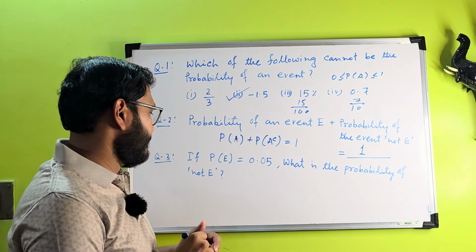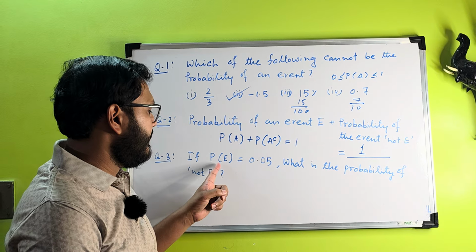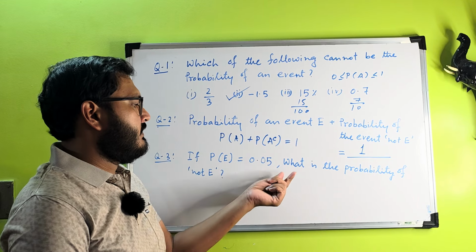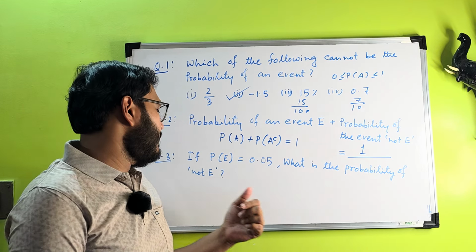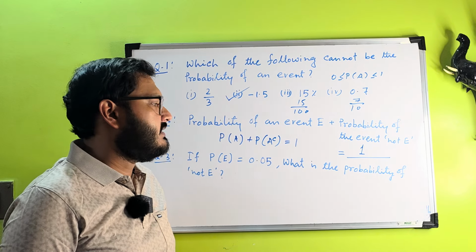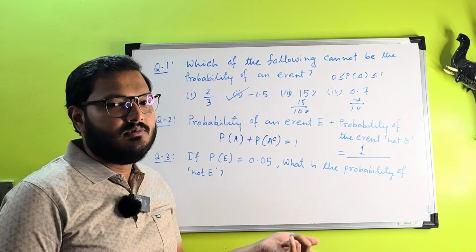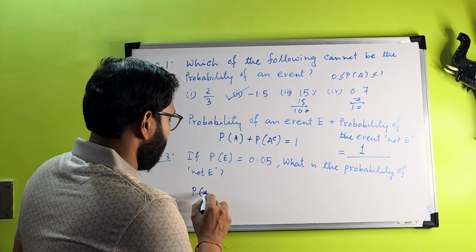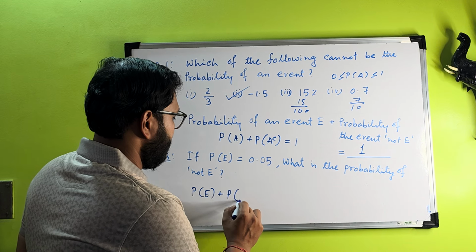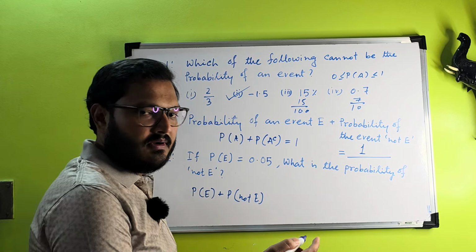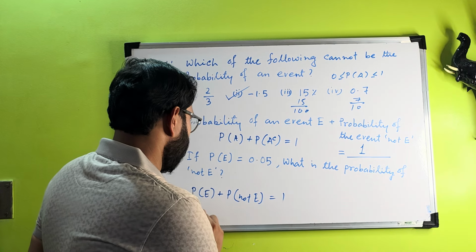Read the third one. If probability of E is 0.05, E is an event, what is the probability of not E? We have to solve this sum by using this formula. So probability of E plus probability of not E, or E complement, equals 1.